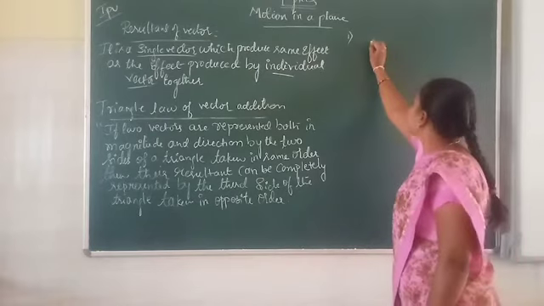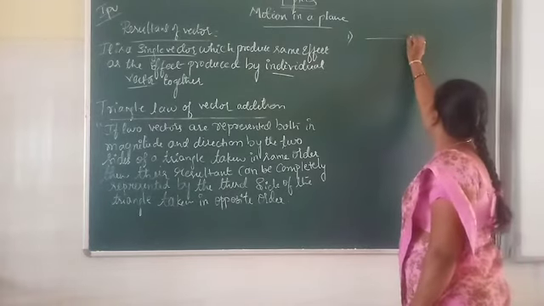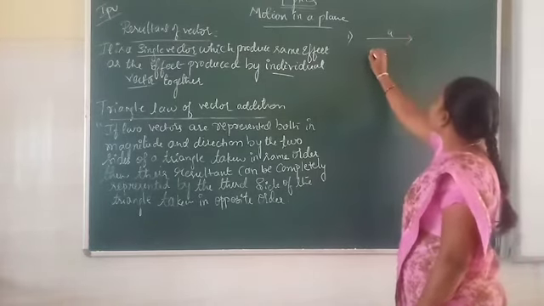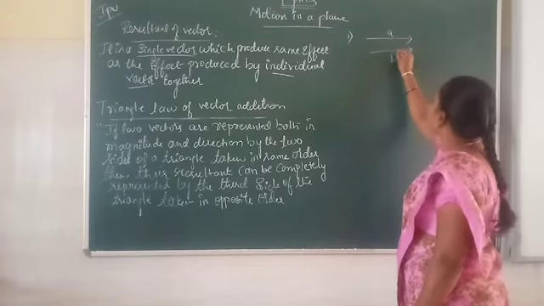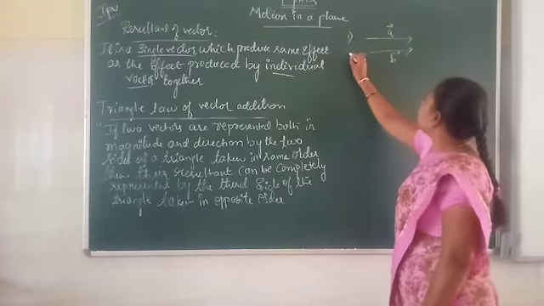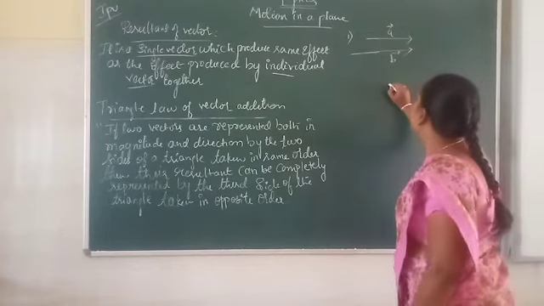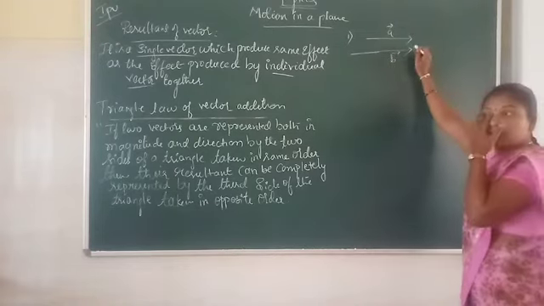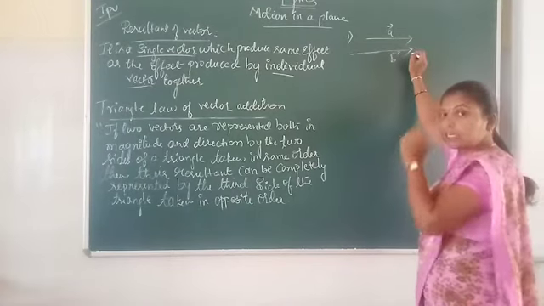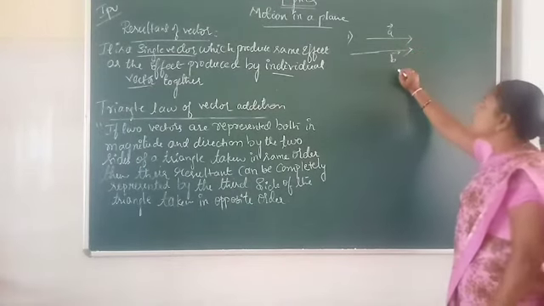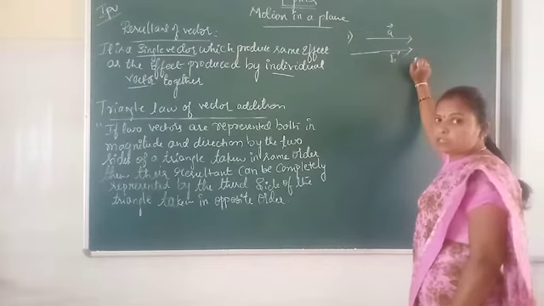For example, object A and object B have certain magnitudes, and A is smaller than B. When we add them, if they are going in the same direction, the resultant is in the positive direction.